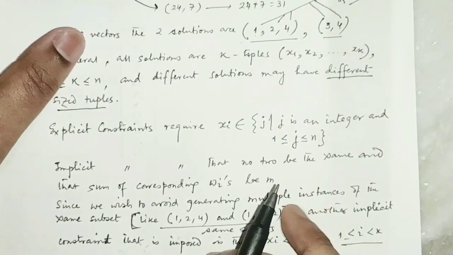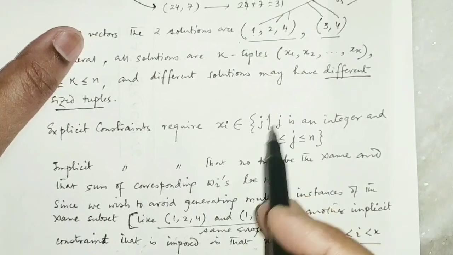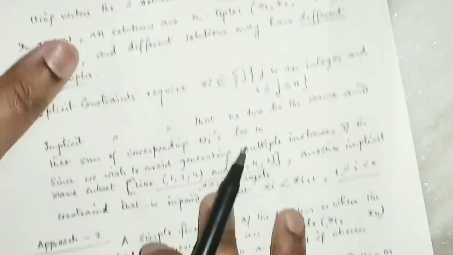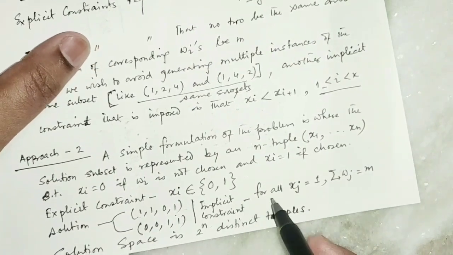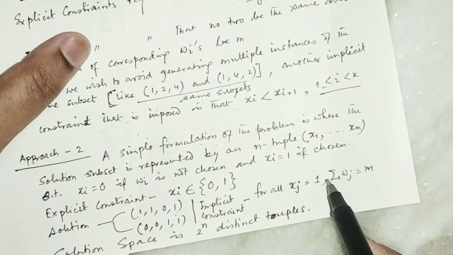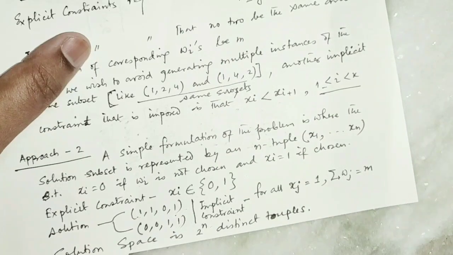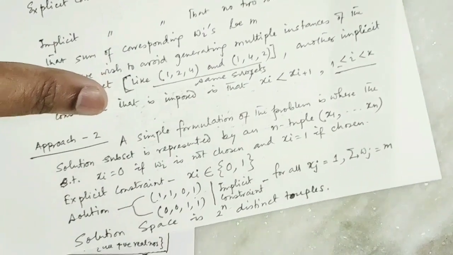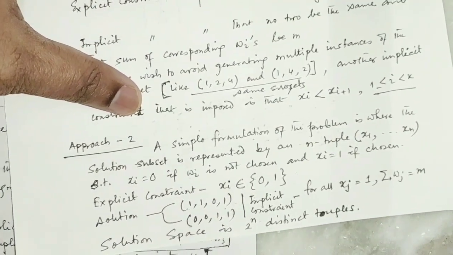The implicit ones are those for which you are getting the solution 1, 2 and 4, that means for all xj equal to 1, and the summation of wj equals m. And the solution space is of 2 to the power n distinct tuples.